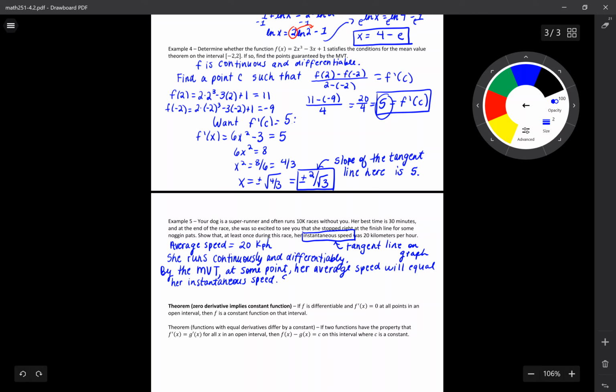So at least once she's running 20 kilometers per hour.